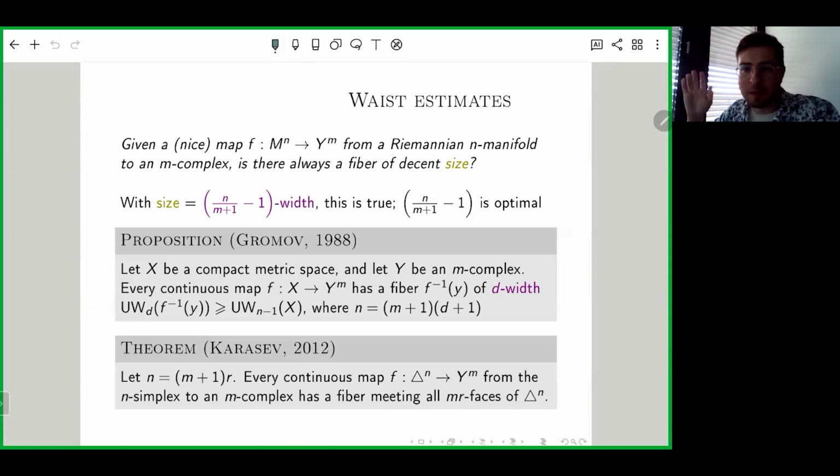It's a combinatorial proposition, which says if you have an n-dimensional simplex of large dimension, which also behaves roughly like the product of two numbers m and r, and if you have a continuous map dropping dimension to m, then there is a fiber which is sufficiently large, in the sense that it will have to intersect all faces of dimension almost n, which also behave like a product.